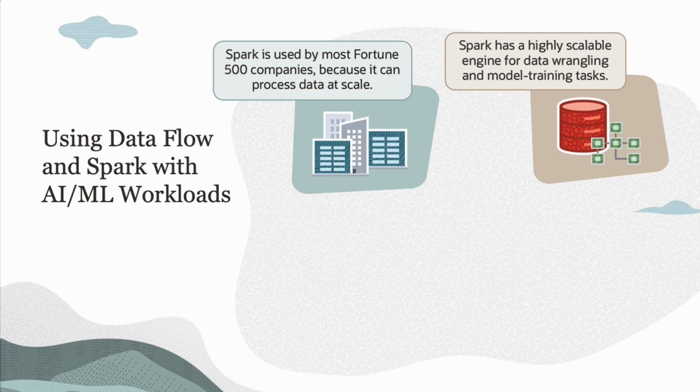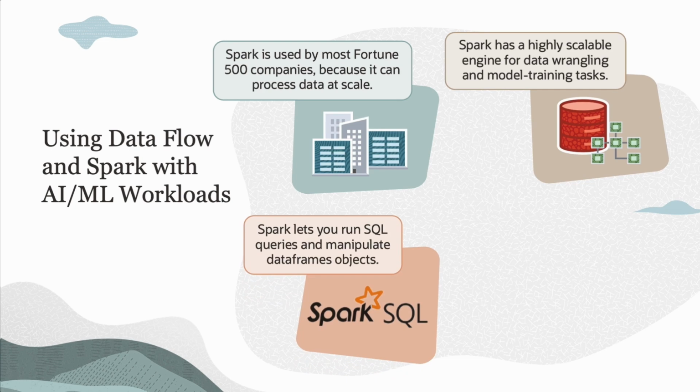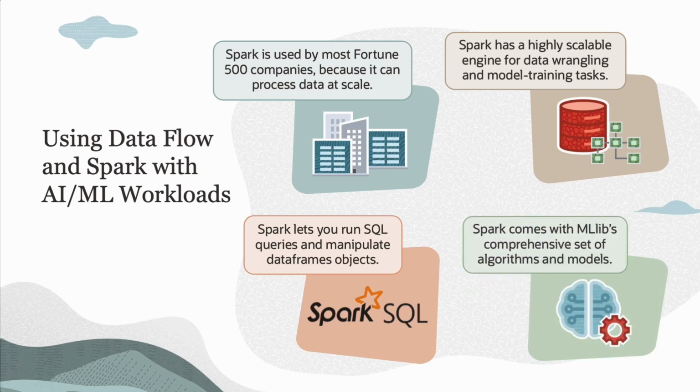It's an alternative to data science jobs, for example, for data wrangling or model training tasks that rely on industry standards. Spark lets you run SQL queries on your structured data and manipulate familiar data frame objects. The Spark distribution also comes with the MLlib machine learning library, and MLlib offers a comprehensive set of algorithms and models that can be trained on Spark data frames.